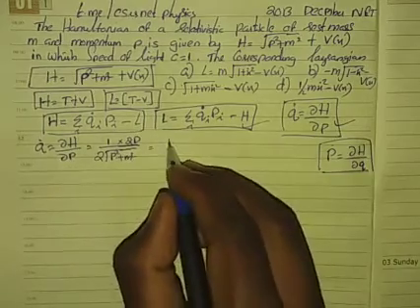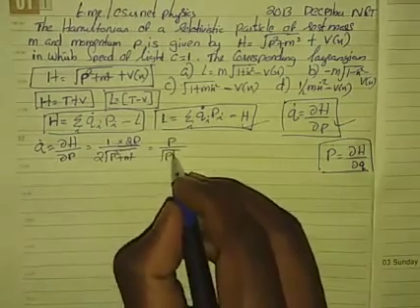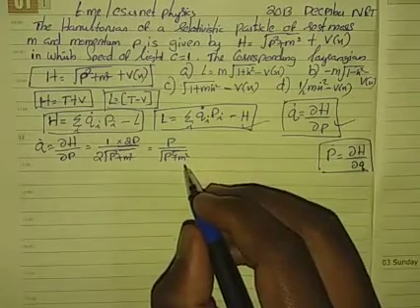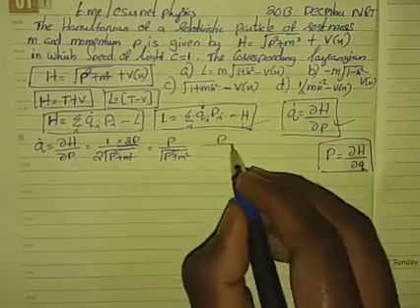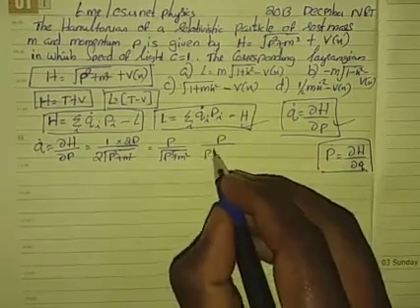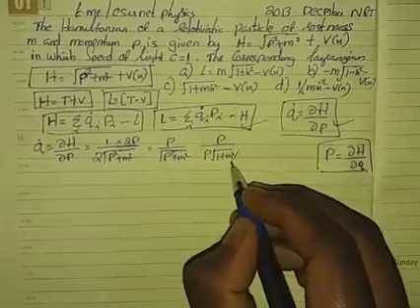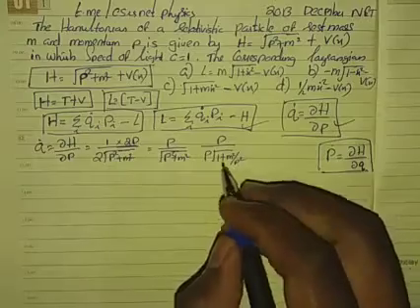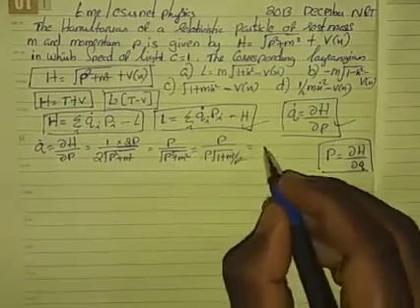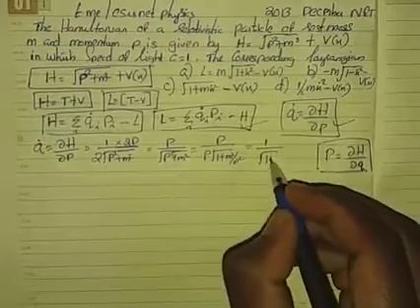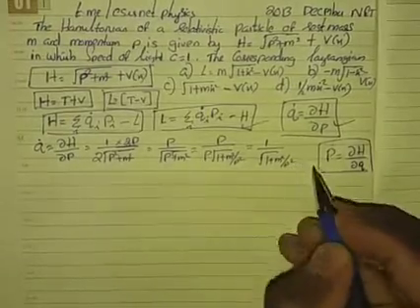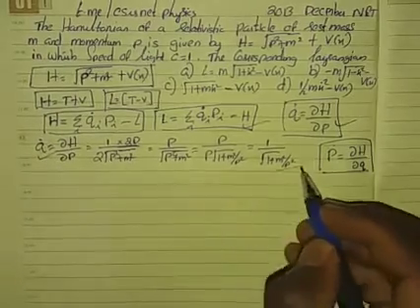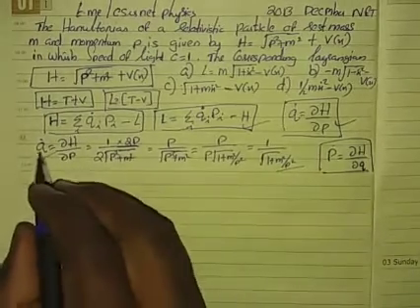We can simplify that: root of p square plus m square, take p square outside, and you get p by p times square root of 1 plus m square by p square, so q dot equals 1 by root of 1 plus m square by p square. So we found the equation connecting q dot and p.